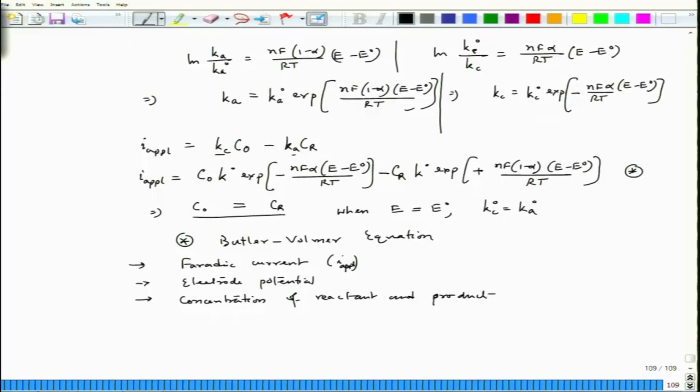So, you can consider either M or M n plus, depending on the reaction you are considering, whether oxidation or reduction. So, all four are connected.